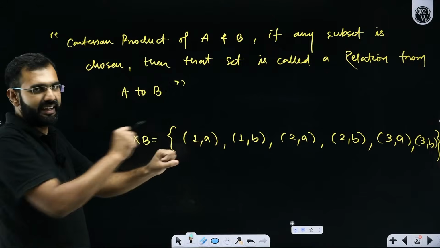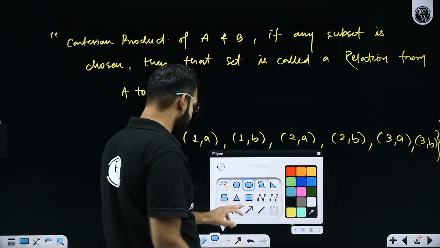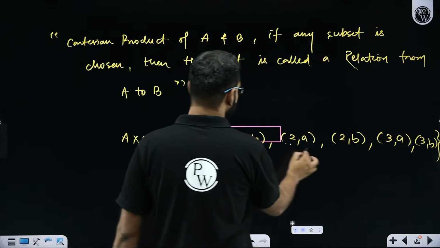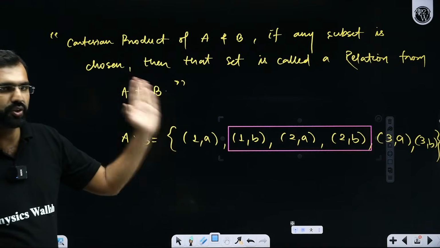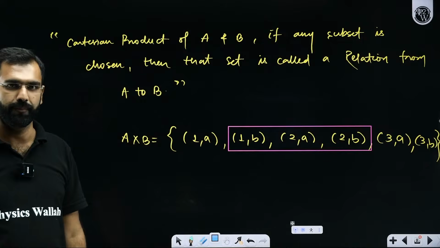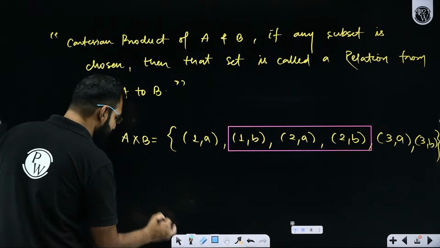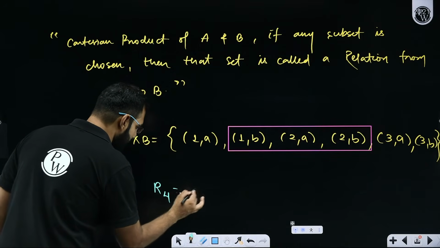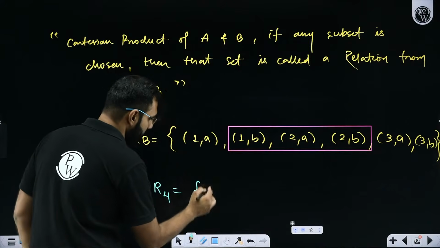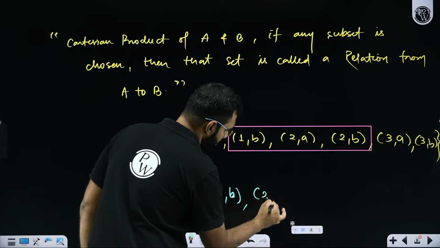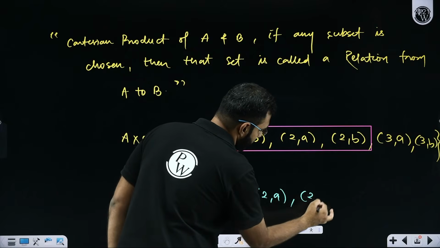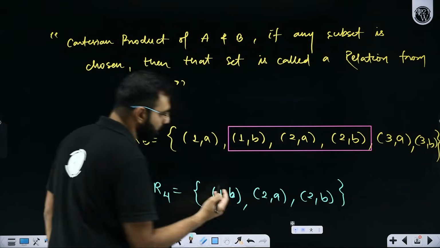So if I choose any subset, let's say, in this case, I am choosing these 3 elements. So if I have chosen a subset, let's call it a relation, and this time I'm defining it as R4, which has elements 1 comma B, 2 comma A, and 2 comma B. So this is again a relation.